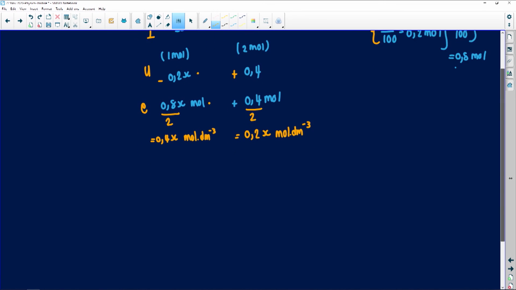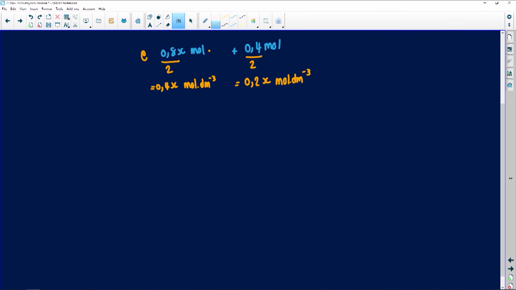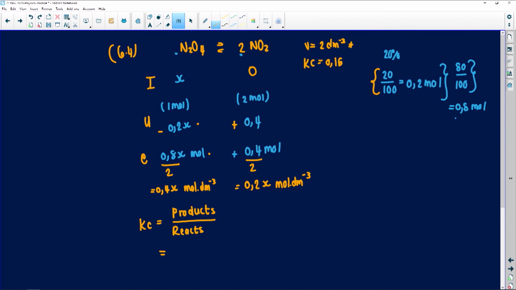Now it's just mathematics. First things first, I'm going to have my Kc. If you talk about your Kc, you talk about products. You have products over reactants. I'm going to do it the long way around so that everyone knows where I am. My products, remember, one thing you must remember, the number in front will become an exponent. So we use solid brackets to say concentration of NO2 to the exponent 2.